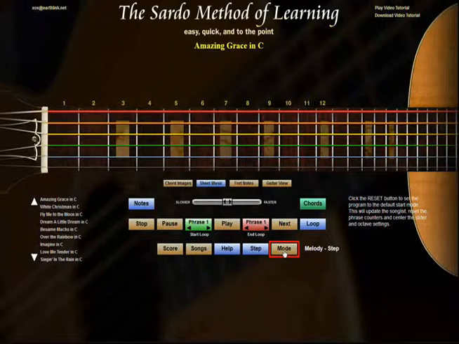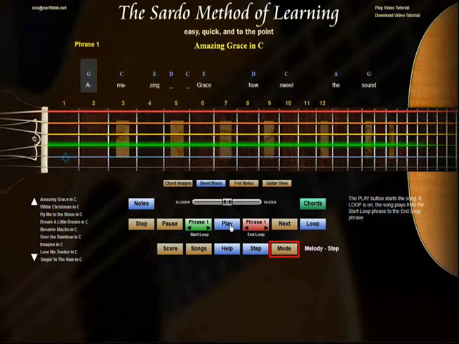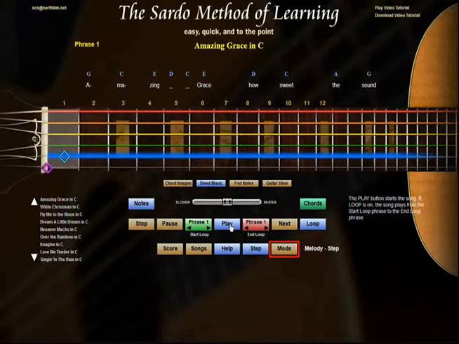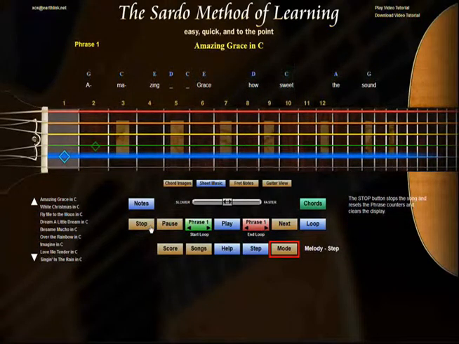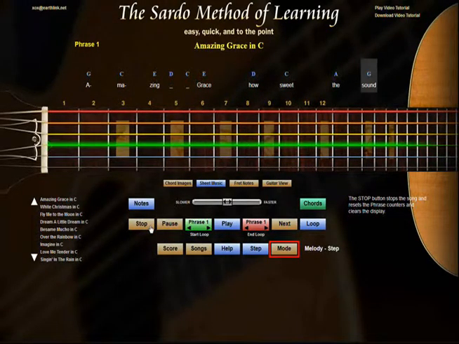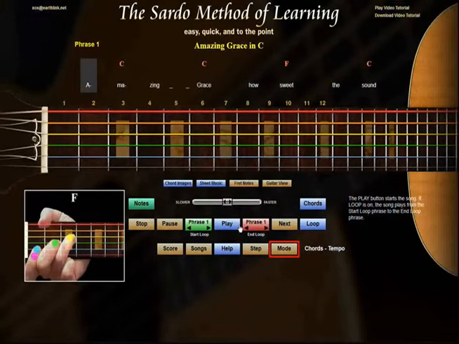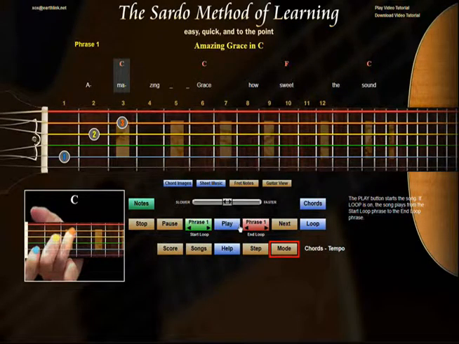The next mode starts the song learning phase. We begin by learning the melody alone, first in step mode and then in normal tempo. Then the song chords are brought in.